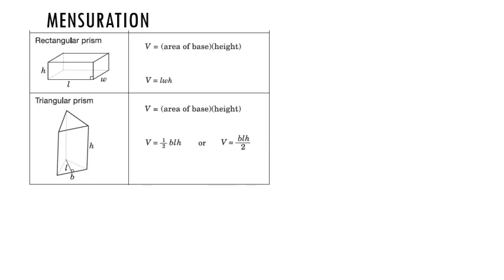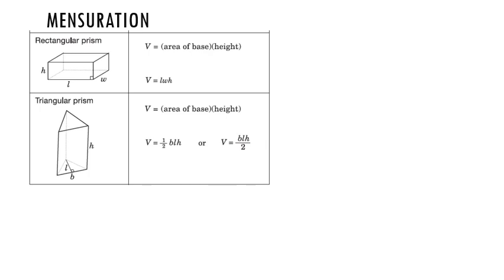We do not want the area and other formulae. We would be more interested in knowing the volume of various solid bodies. So a rectangular prism has a volume of length into breadth into height.